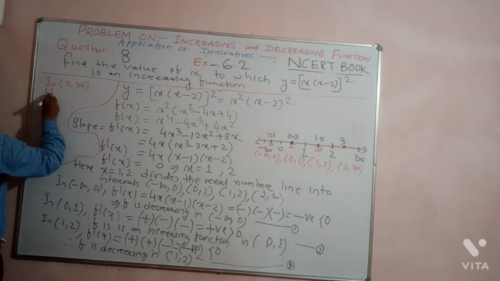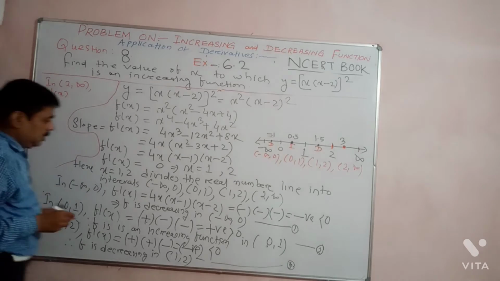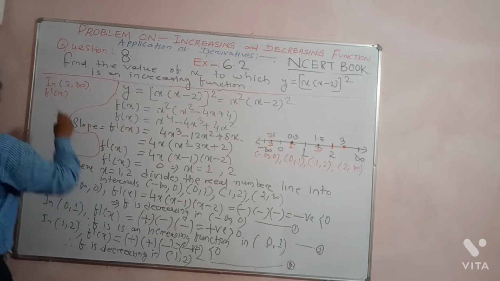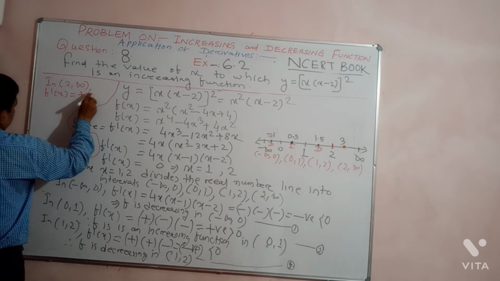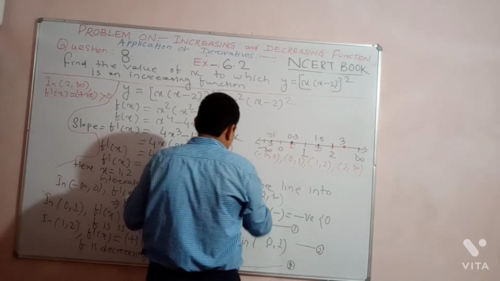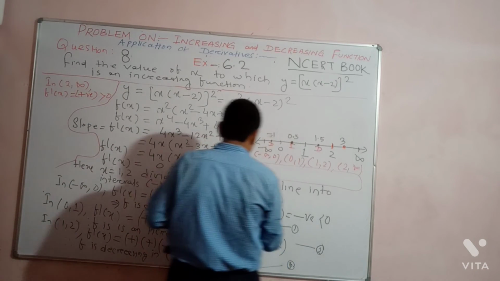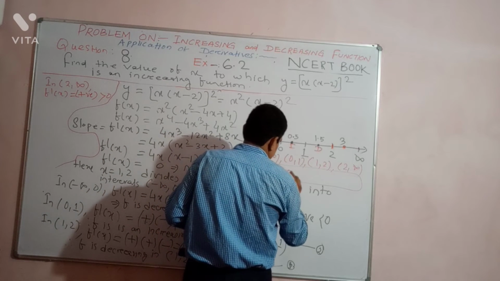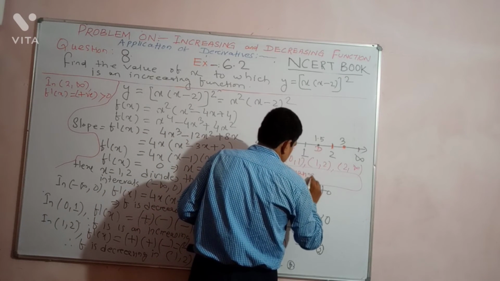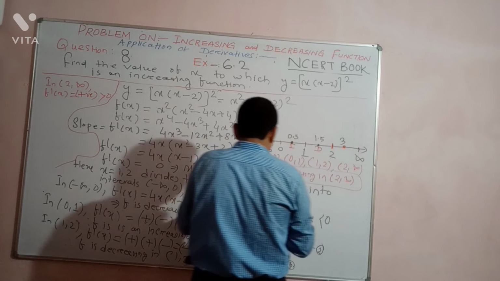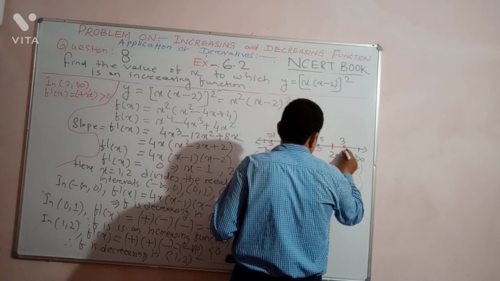Then f dash x has every factor positive: this is positive, this is positive, and this is positive. So the overall value will be positive and greater than 0. Hence f is increasing in the interval 2 to infinity.